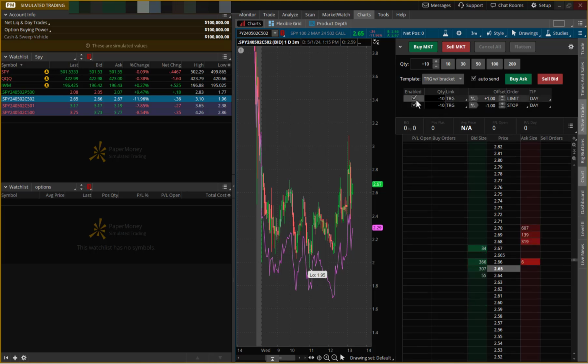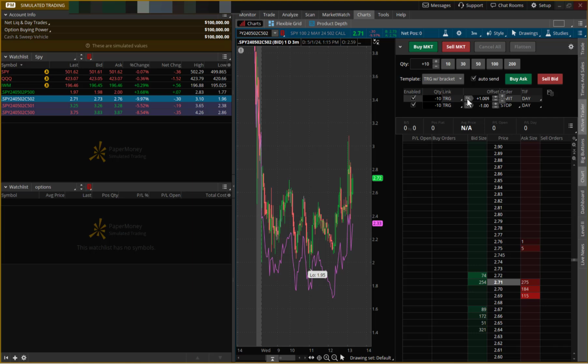The first one is the profit taking, and the second one is the stop loss. We will change it by clicking here with the mouse to percentage, and this is also percentage, and make sure this is negative for the stop loss. Put it at 20%, and the profit target will be positive 20%.